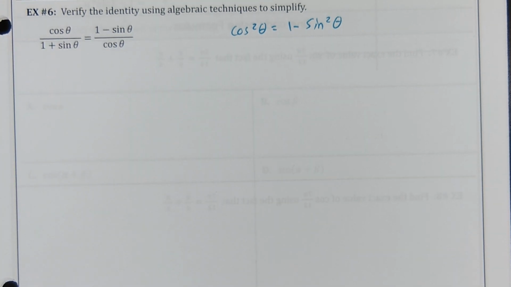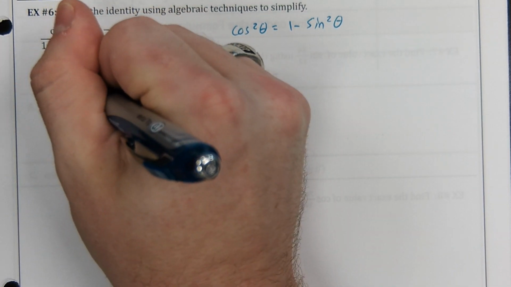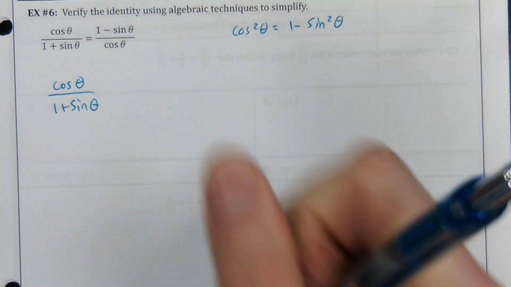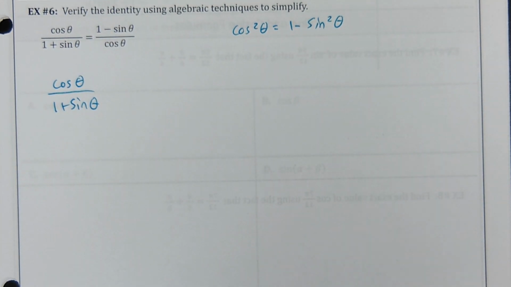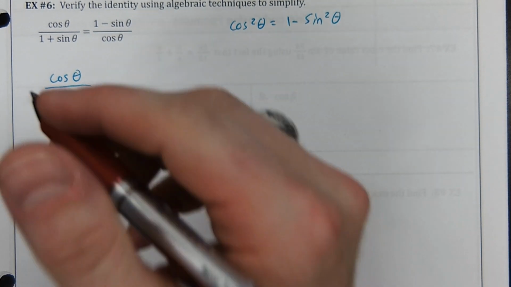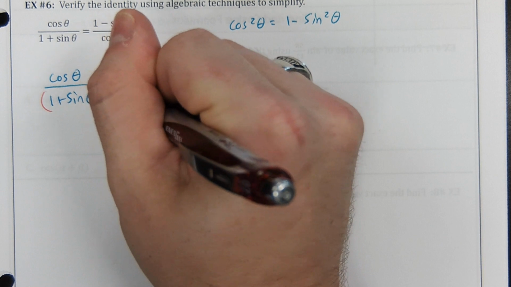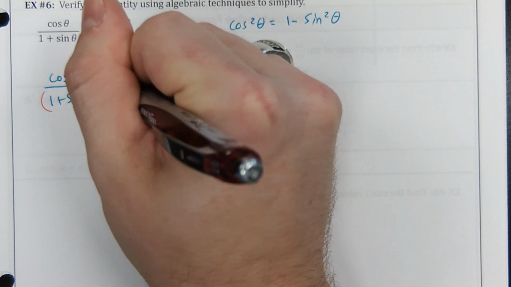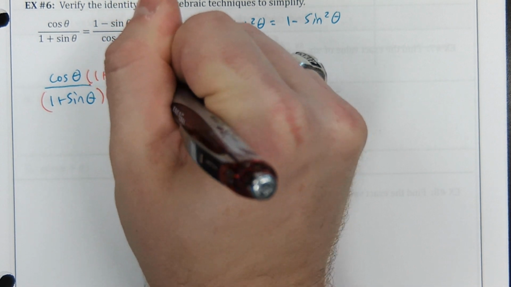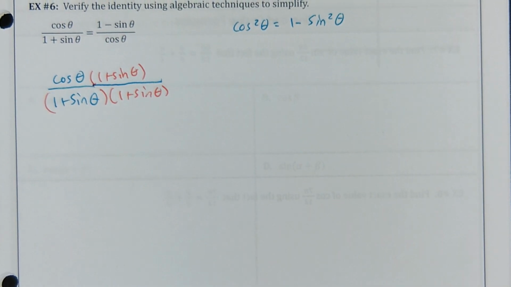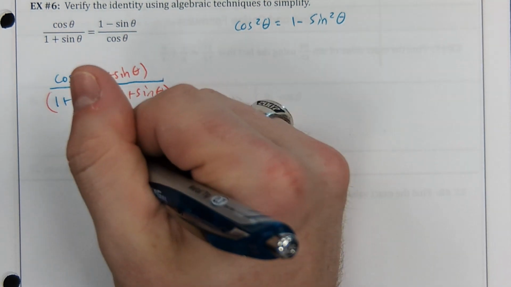I'll work on the left side. What you're supposed to see, hopefully, is that if you multiply this by its conjugate, what you're going to get is a squared minus b squared, or 1 minus sine squared theta.